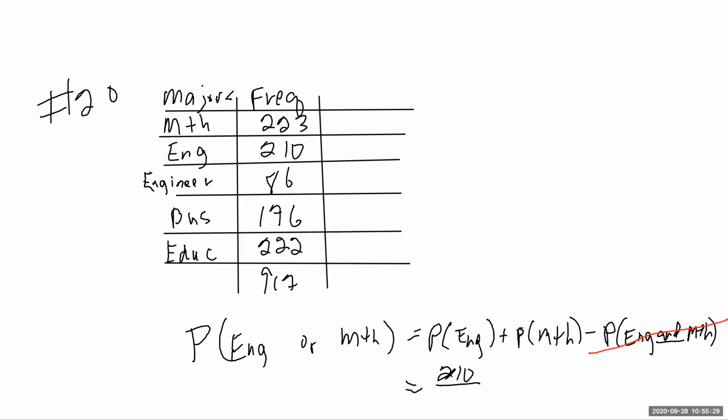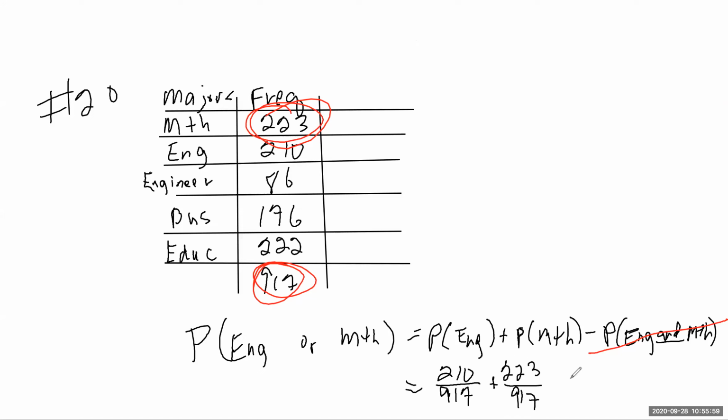So the denominator in our probability is the total number of people in the sample space, total number surveyed, 917. Now, the probability of getting a math degree is the number of math degrees awarded, 223, divided by the total number in the sample space. So that's 223 over 917.